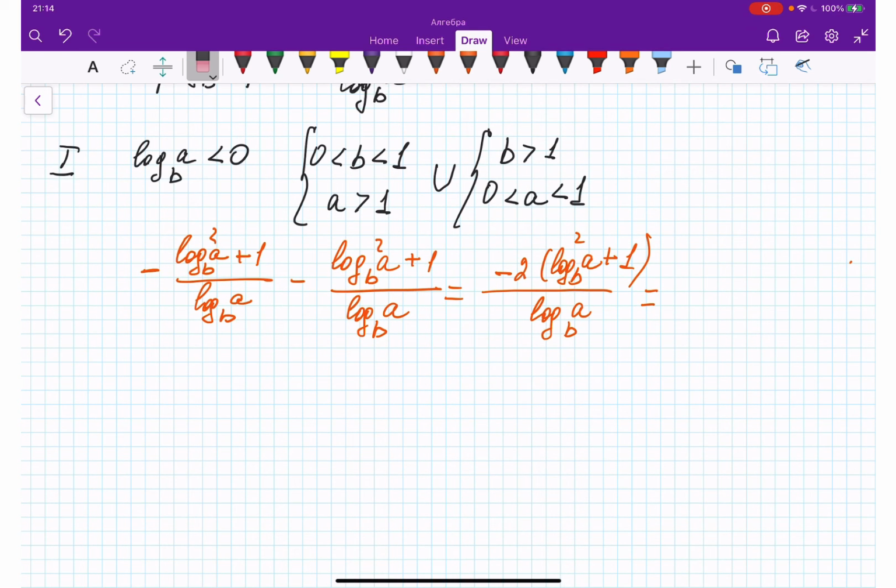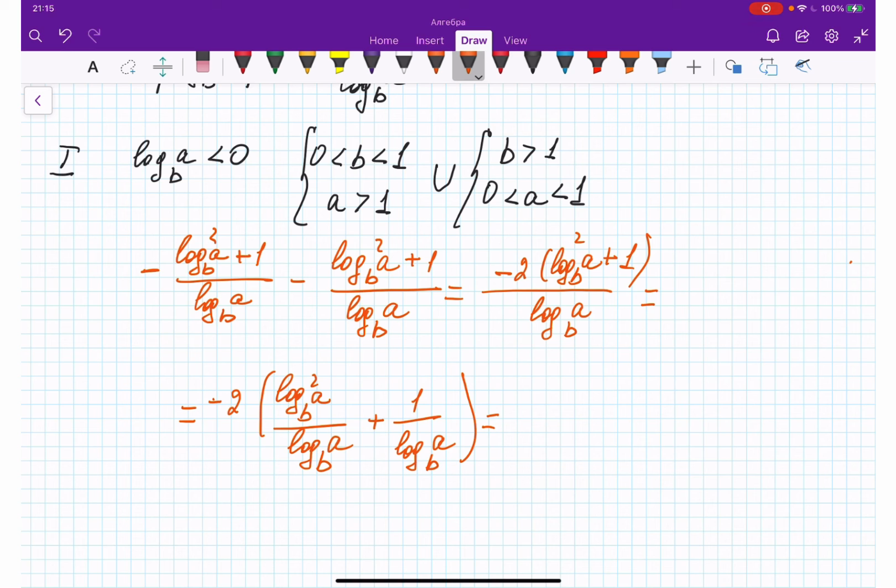This is going to be equal to negative 2, and in parentheses I have log_b(a)^2 divided by log_b(a) plus 1 over log_b(a). So in this case, this is gone with the square.